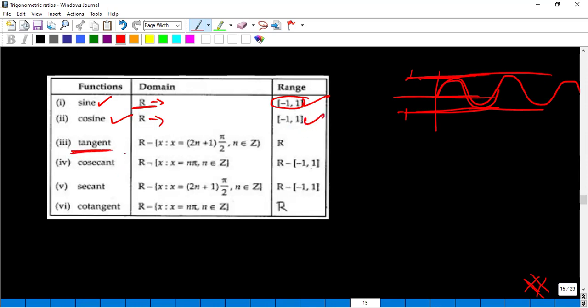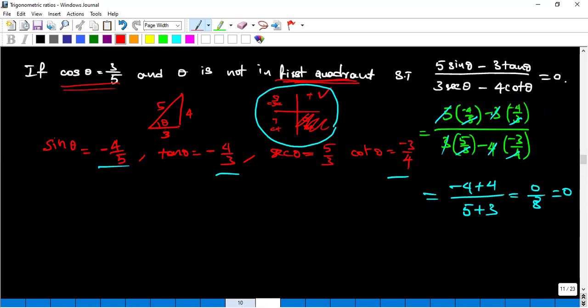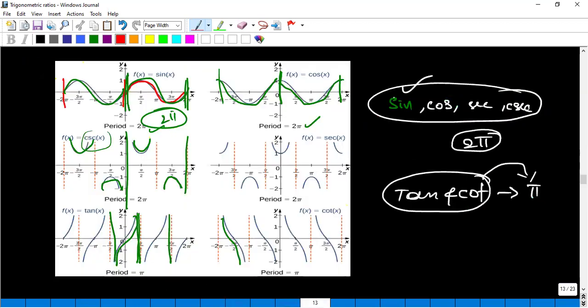Tangent, they have removed a particular value. Observe, they removed the value 2n plus 1 into pi by 2. Pi by 2 they have removed for tangent. Why? See the diagram of the tan function, how it is showing. At pi by 2 it is not having any value.